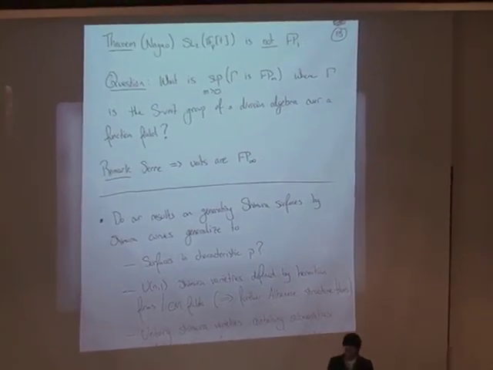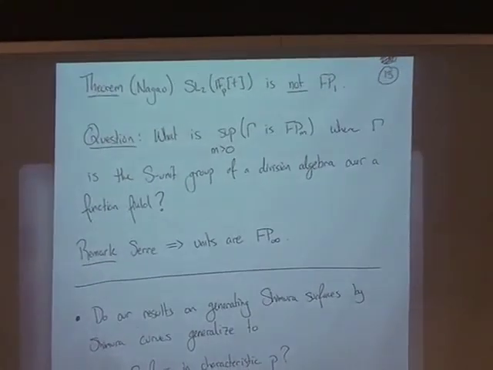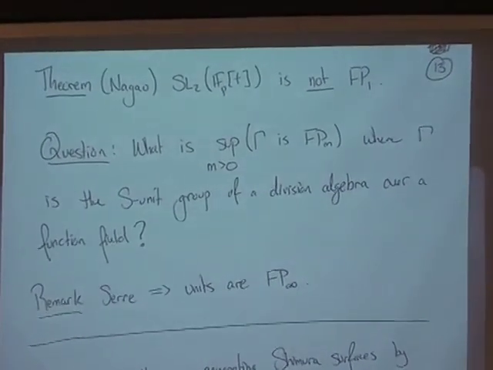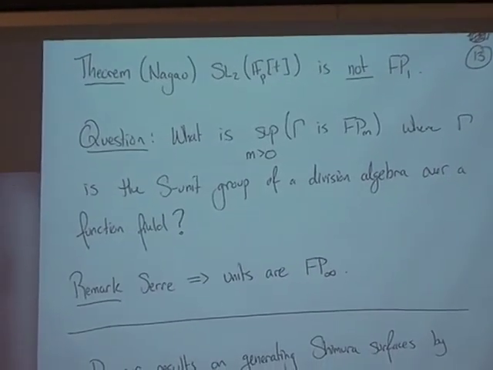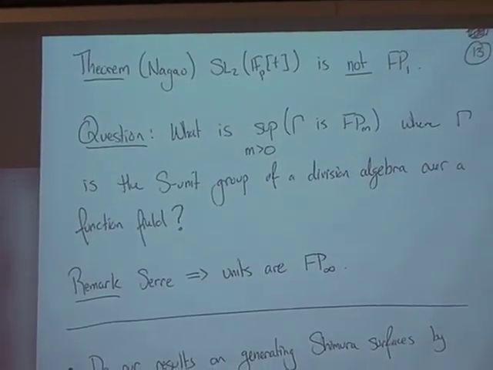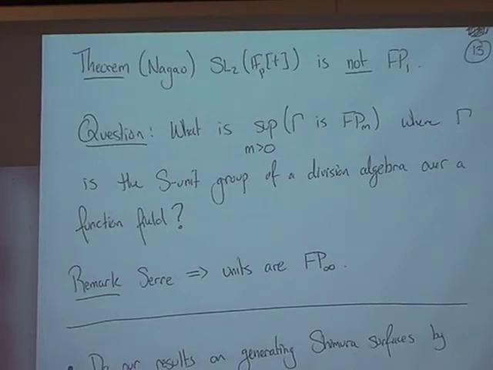Of course, SL2 in characteristic 0 always is. But it's actually not finitely generated here. You can think about this as follows. What's a nice way to generate SL2? It's by elementary matrices. If I try to generate SL2 by elementary matrices over F_p adjoin T or F_q adjoin T, then that's not a finite generating set anymore.